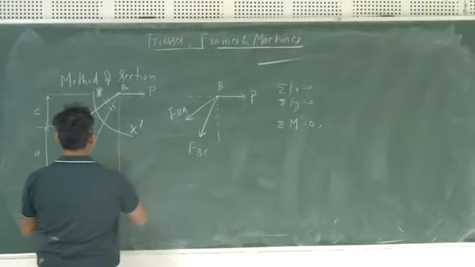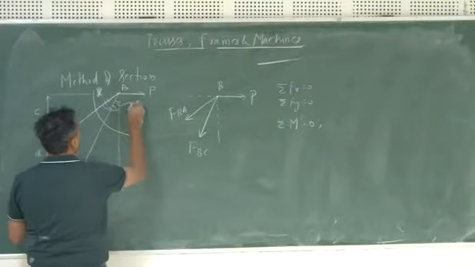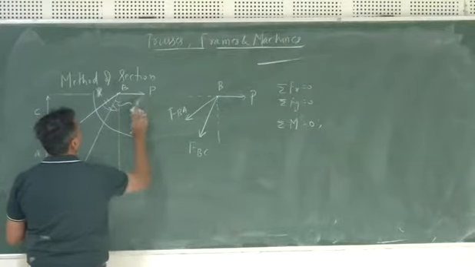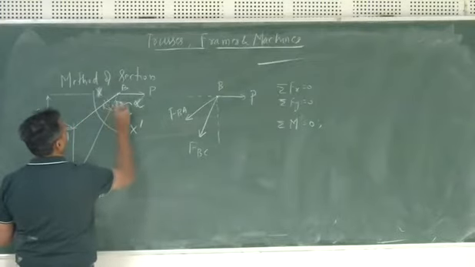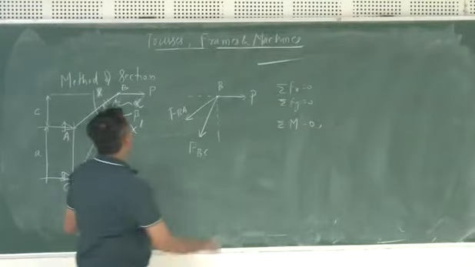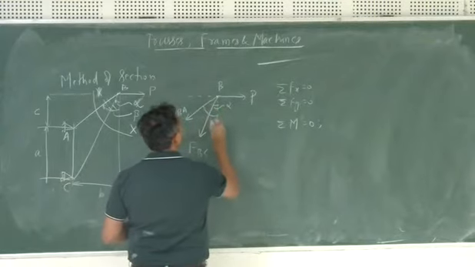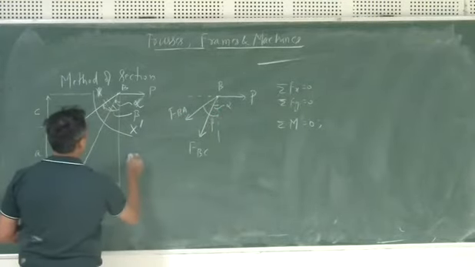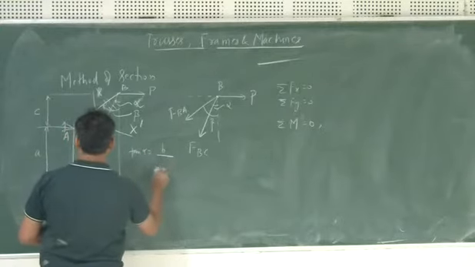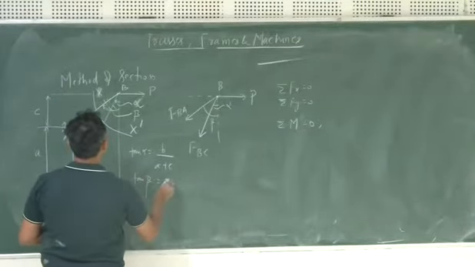We know what these angles are. Let us take this as alpha and this one as beta. So in this case, this is your alpha and this is your beta, and obviously tan alpha will be given by the ratio of the sides, and beta similarly.